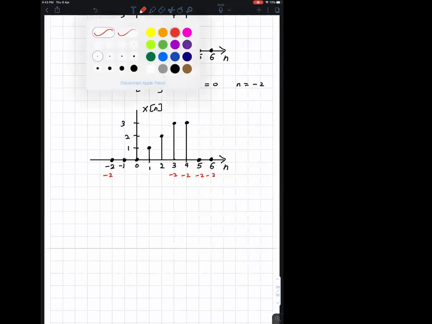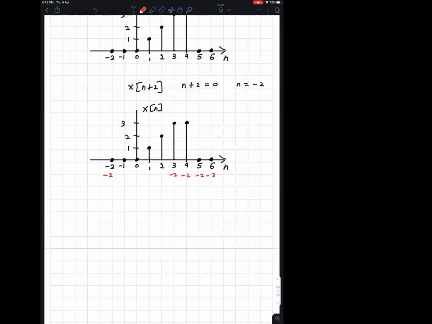In that case, minus 2 is minus 4, right? So your first point is going to be minus 4.